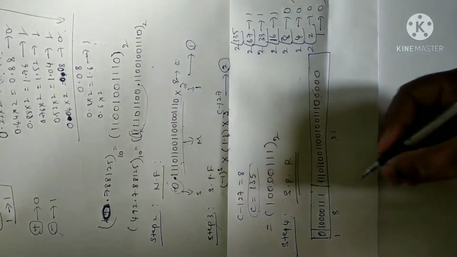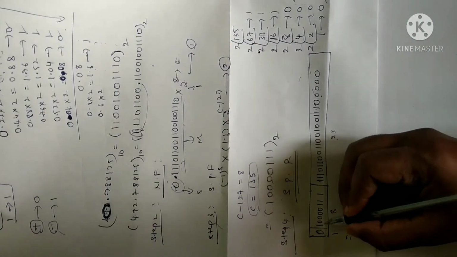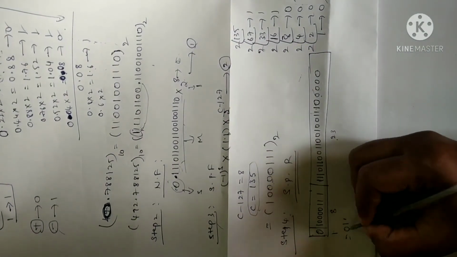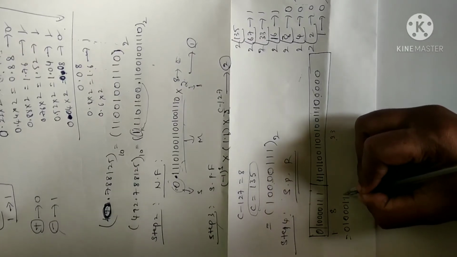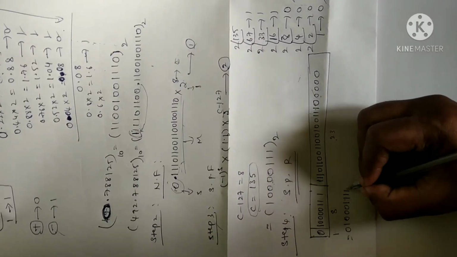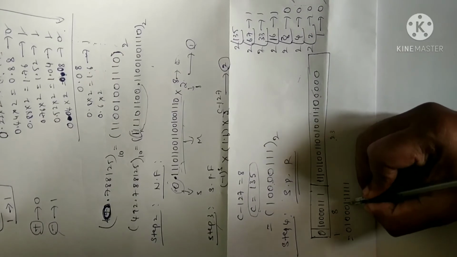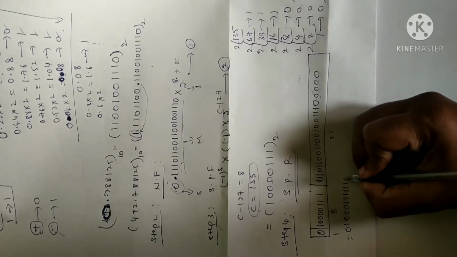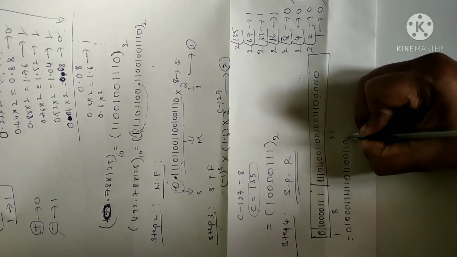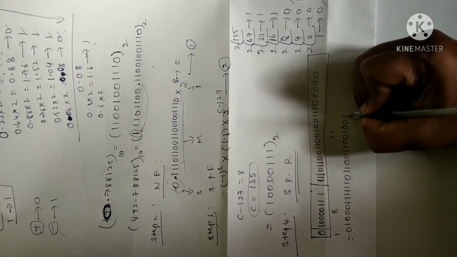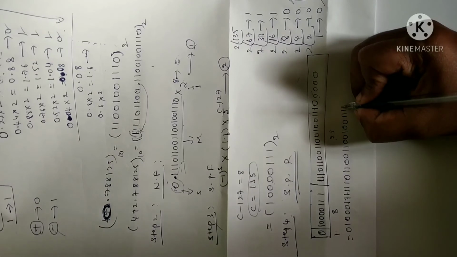Fine. So let me write those values together in the next step. 0, 1 followed by 4 zeros, again 111, again 111, total 6, right? Then 111, again 0, again 11, again 00, 11, 00, 100, 111s, and followed by how many zeros?